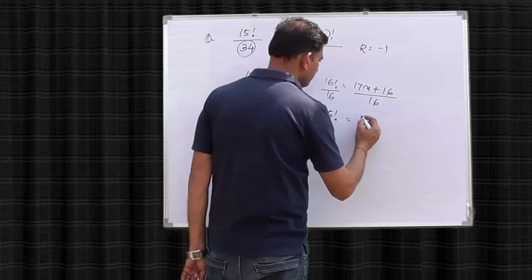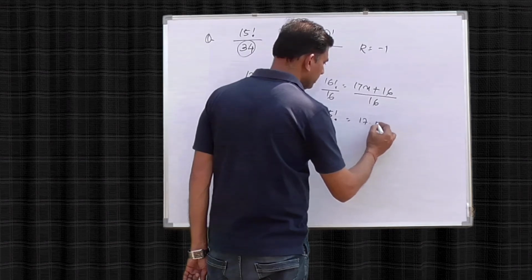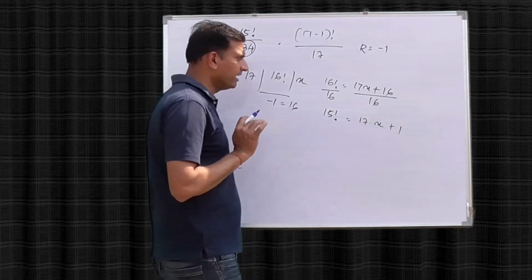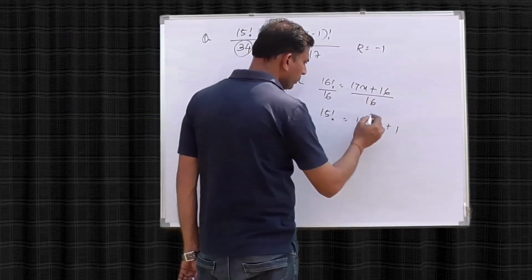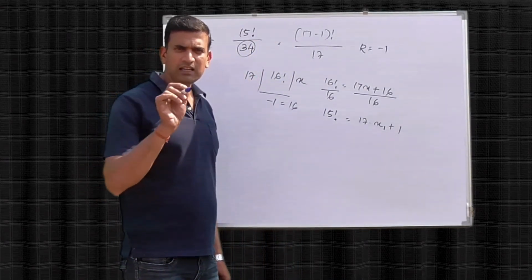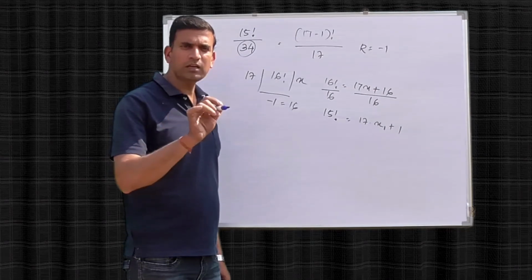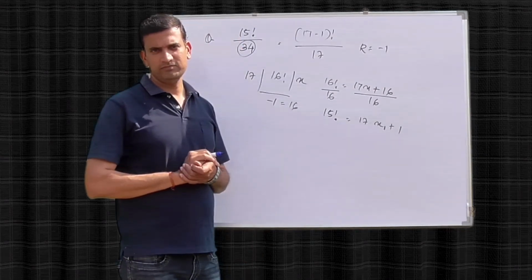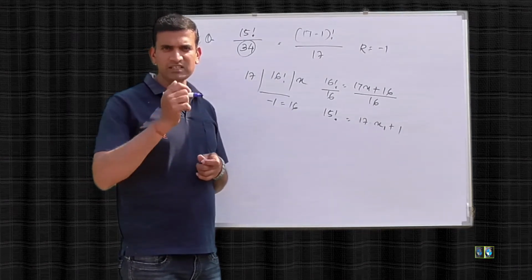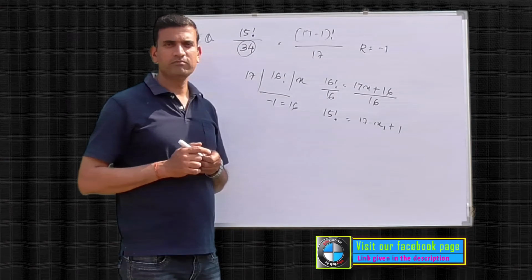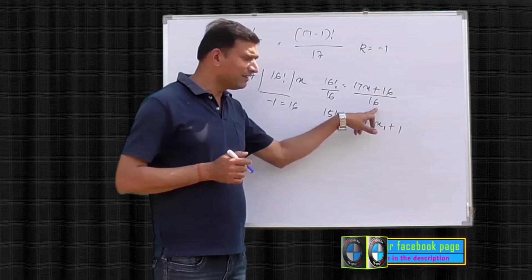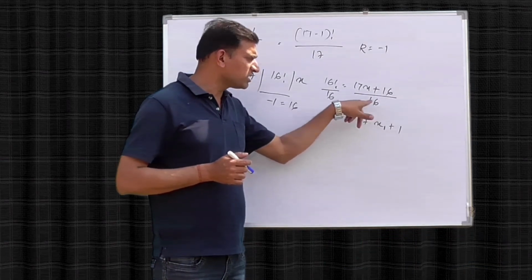This is 17 into x plus 1. When I divide it, 17 into x means I'll take here as x1. x1 is what? Anything which is a multiple of 16. Because 16 and 17 both are consecutive. When two numbers are consecutive, they are always co-prime. So if anything is 16 into something and that is divided by 16, this x must be divisible by 16.